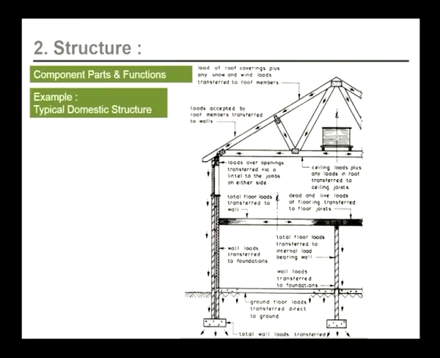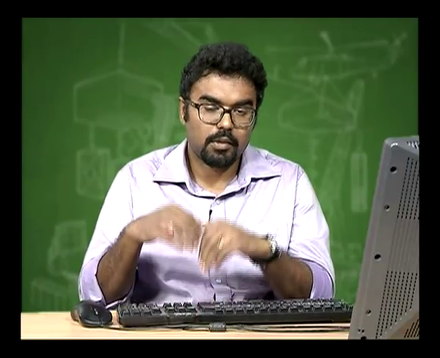This is a typical domestic structural system that consists of a roof, walls, and foundation. As discussed, the work of every member of the structure, from the top to the bottom, is to transfer the load from the top of the structure to the foundation, that is the substructure below the ground.